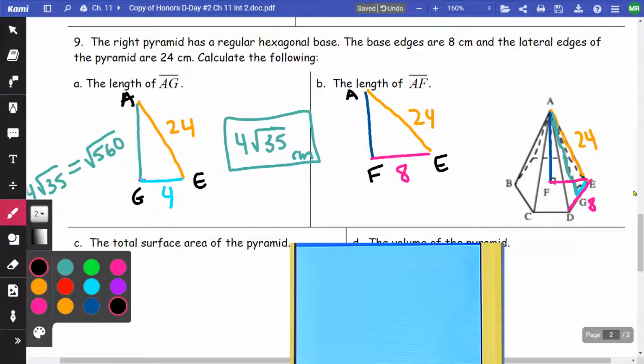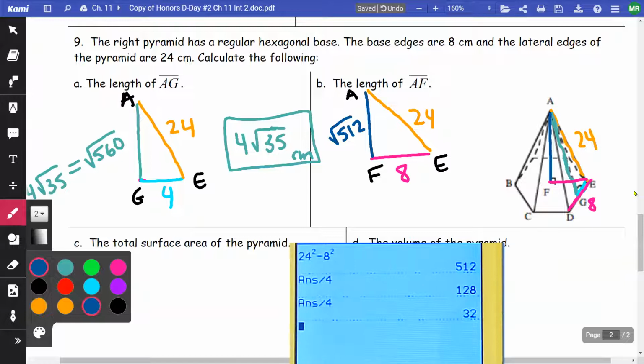So when I do that, I'm going to have 24 squared minus 8 squared, which gives me 512. So that's going to be the square root of 512. Let's see, divided by 4, divided by 4 again. Okay, so it was 512. I can divide it by 64.